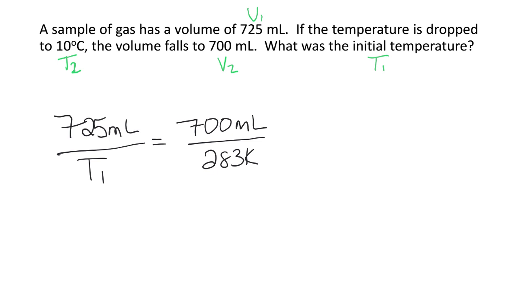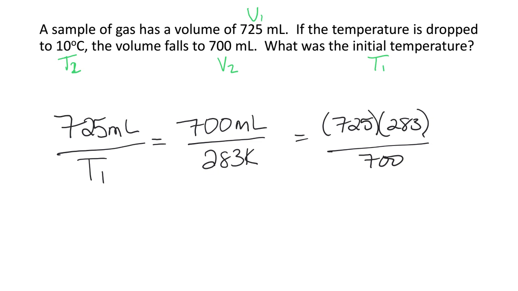So we're going to multiply: 725 times 283 divided by 700. So our T1 equals 293 K.